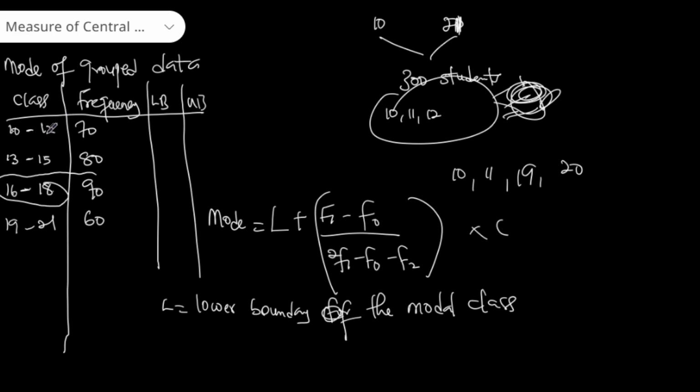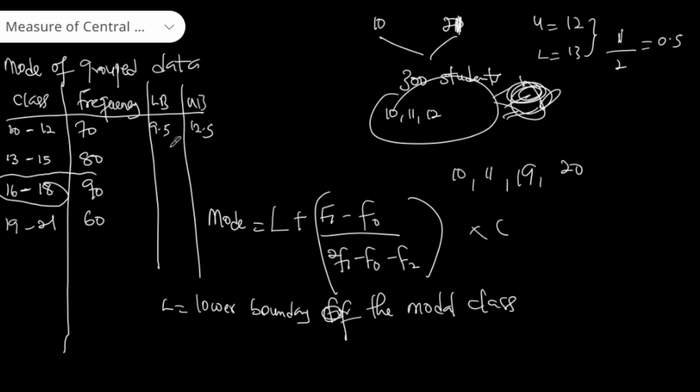If you look at 10 to 12, the upper class is 12, while the lower class of the next class is 13. The difference between these two is 1. Divide their difference by 2, that's 0.5. To get the lower boundary of each class, subtract 0.5 from the lower class. This will give us 9.5. For the upper boundary, add 0.5 to the upper class. This is 12.5.